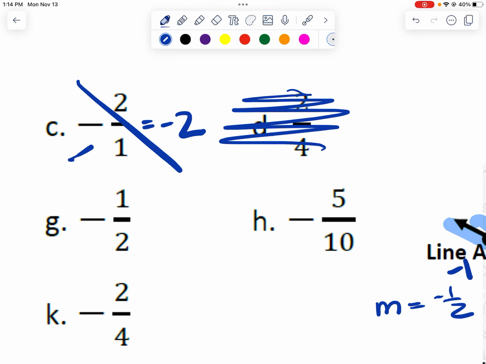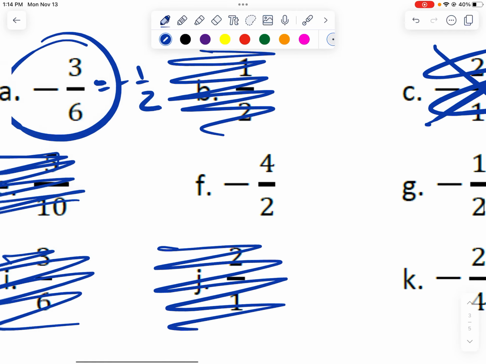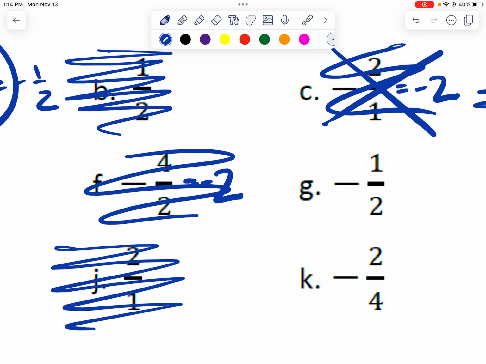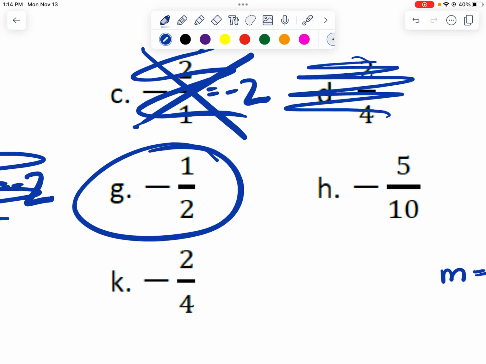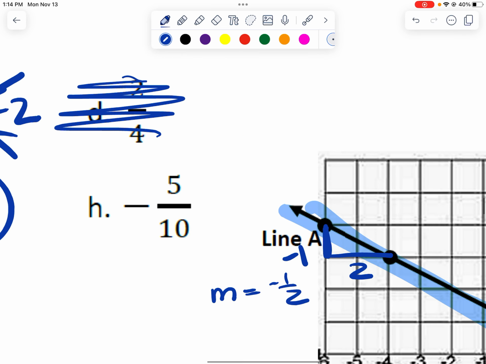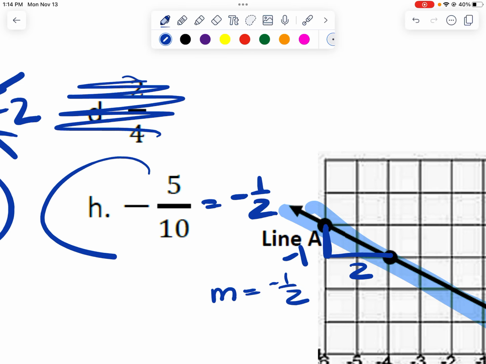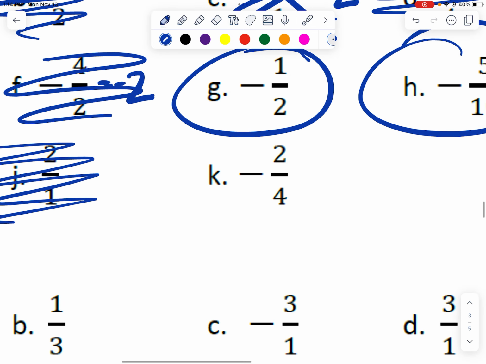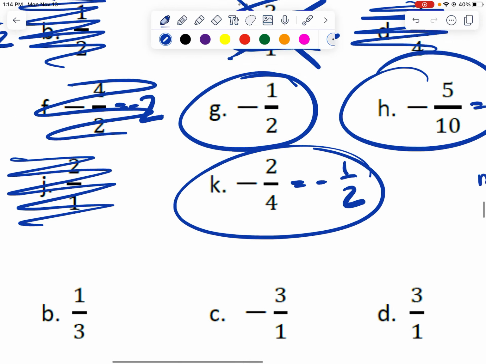That's not the same thing, so that doesn't work. Let's go here. 2 goes into 4. This would be negative 2. Again, nope. Oh, here we go. What about this one? If I simplify this, 5 goes into 10 2 times. So yes, H is one of them. And then we have K. 2 goes into both of those, and you get negative 1/2.